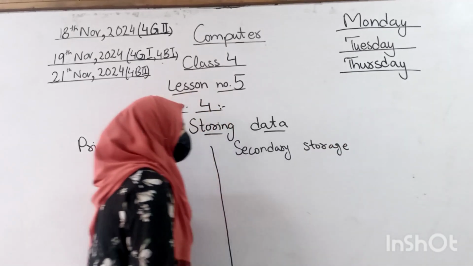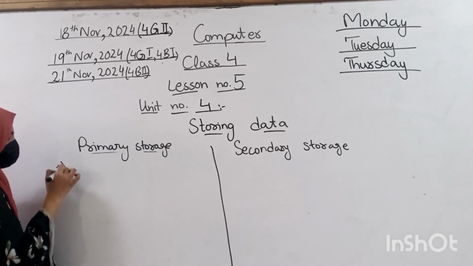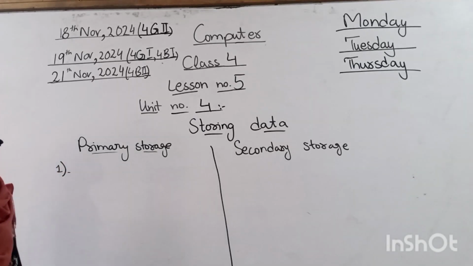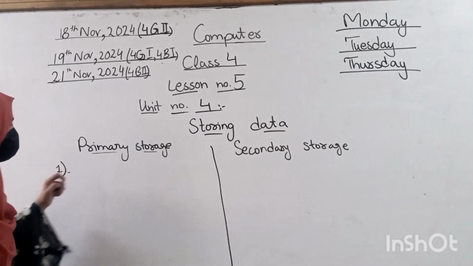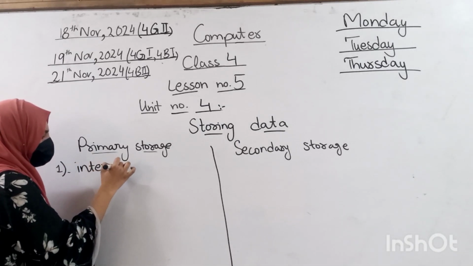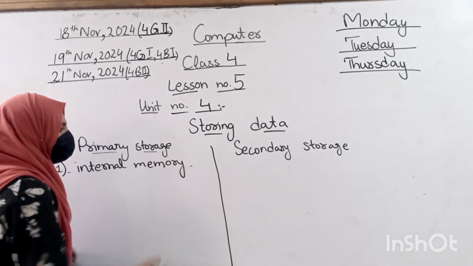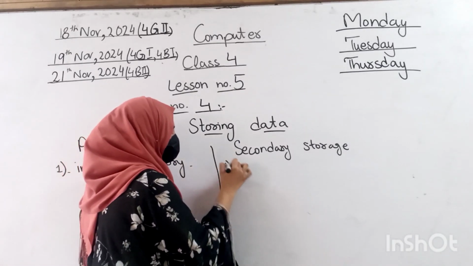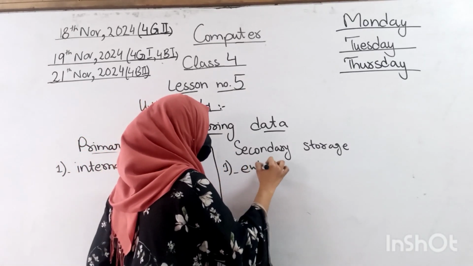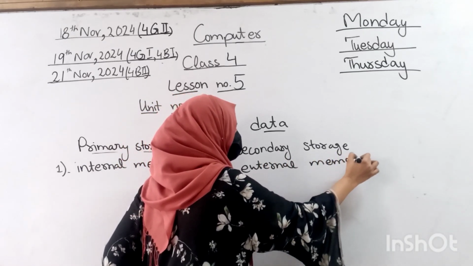The primary storage is also known as our main memory storage. In primary storage, the data is stored in the internal memory of the computer, and in secondary storage, the data is stored in external memory of the computer.